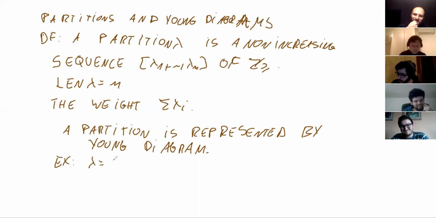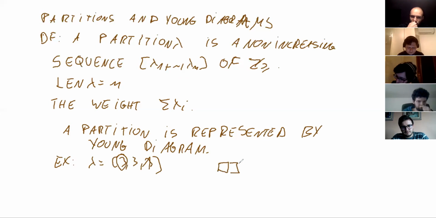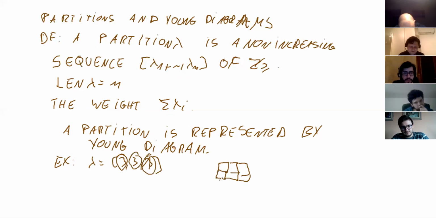If I take the partition 3, 3, 1, I look at this 3 and draw 3 boxes next to each other. Then I pick the next number, it's also 3, so I draw 3 boxes next to each other. And if I have a 1, I draw 1 box.